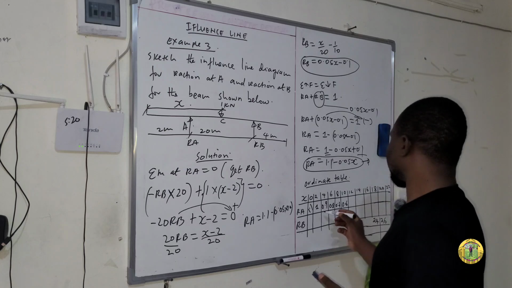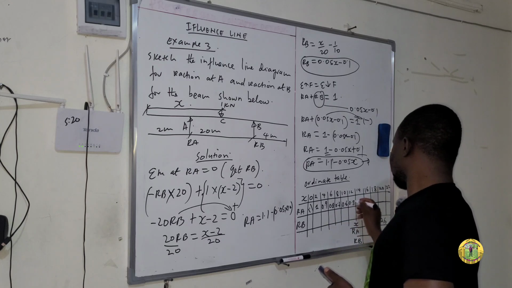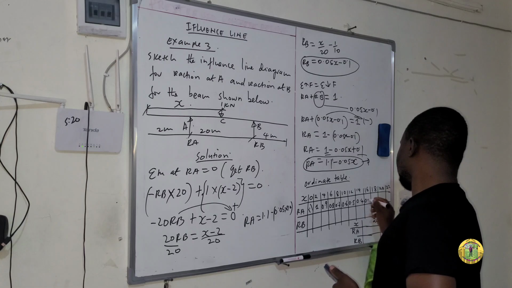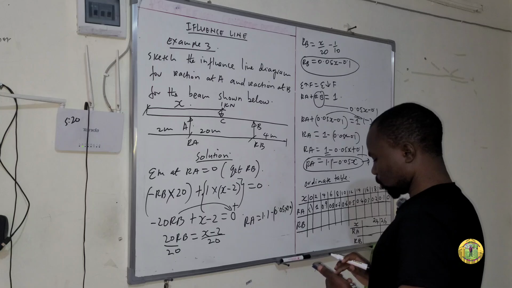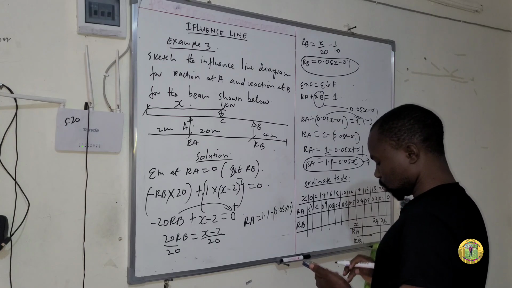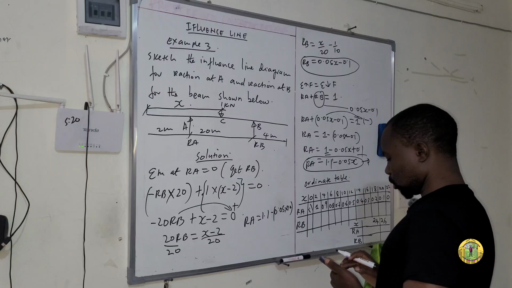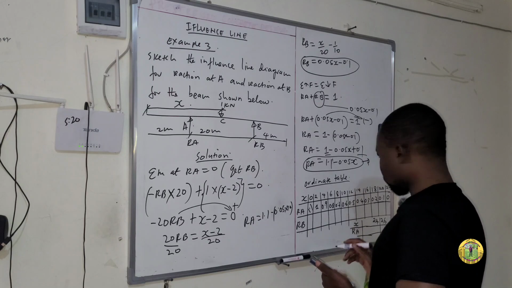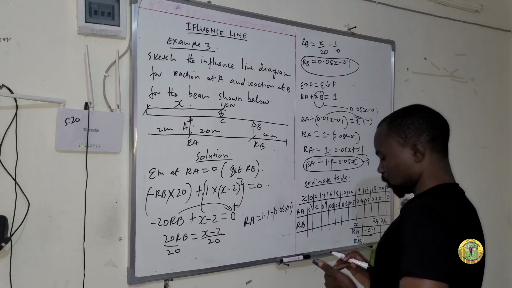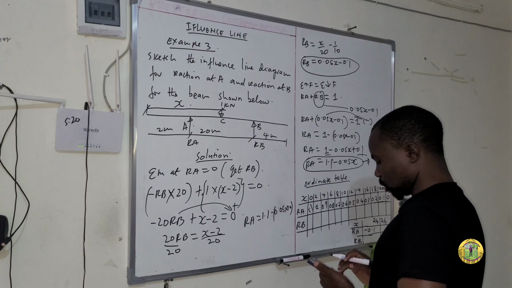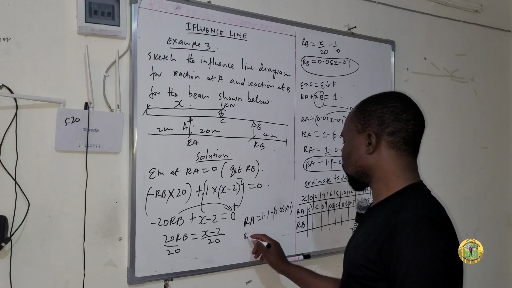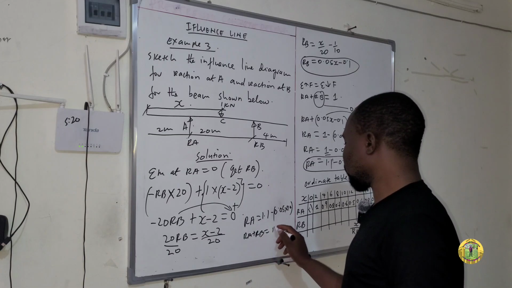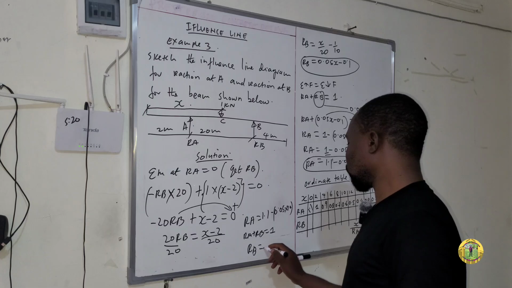As you can see, it is reducing by 0.1. So here it will be 0.5, 0.4, 0.3, 0.2, 0.1, 0. Negative 0.1, negative 0.2.